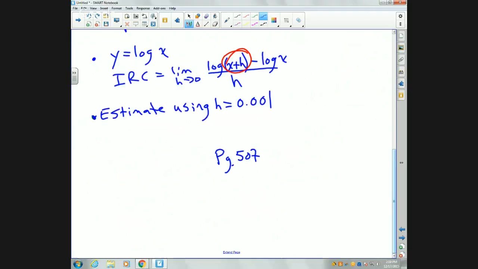Page 507. These are all fairly easy, but let's do 1 to 8.